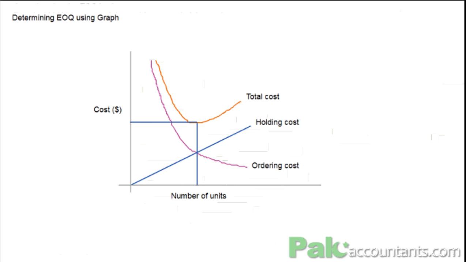So the basic implication of this method is that the point where the two costs intersect is the point where your total cost will be at its minimum, and it will also give you the amount of units you should be ordering each order.